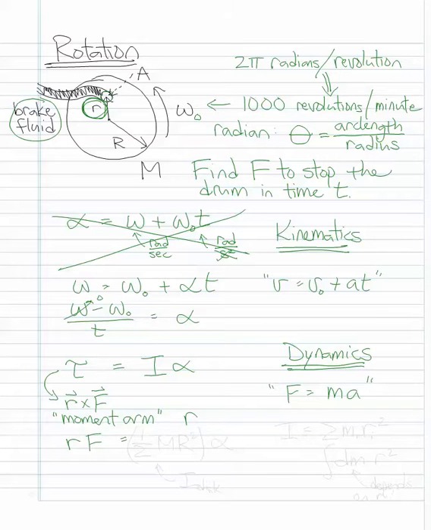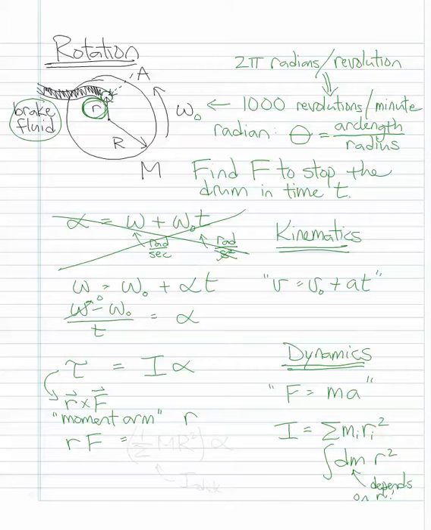Now, what about the moment of inertia? So we talked about in class that the moment of inertia is the sum of each little piece of mass times the distance that thing is from the center of rotation. If you have a continuous object, it's going to be the integral dm times r squared, where m now may depend on r.